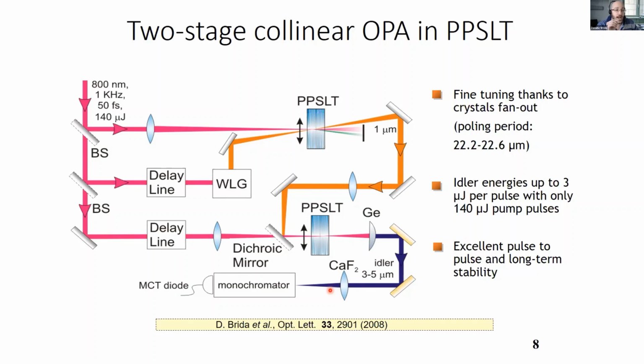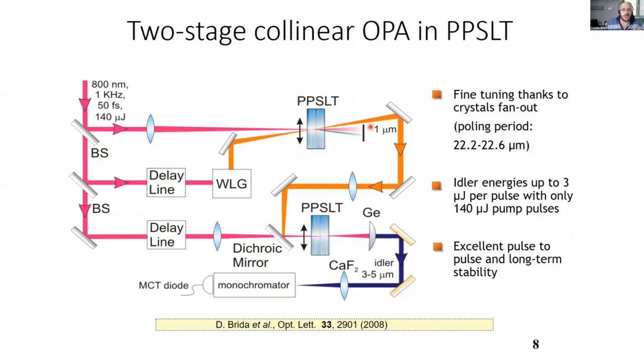Why this choice? Well, the point is that usually the first stage of an OPA is a high gain stage, in which you need to focus the pump quite significantly in order to achieve a certain efficiency in the process.